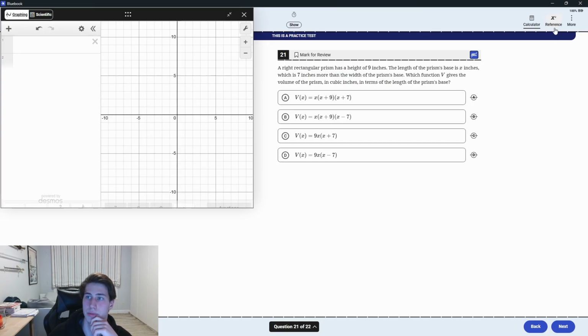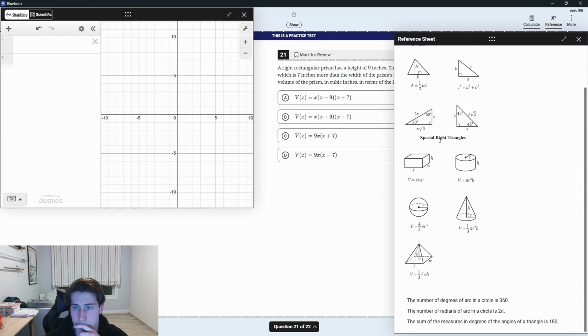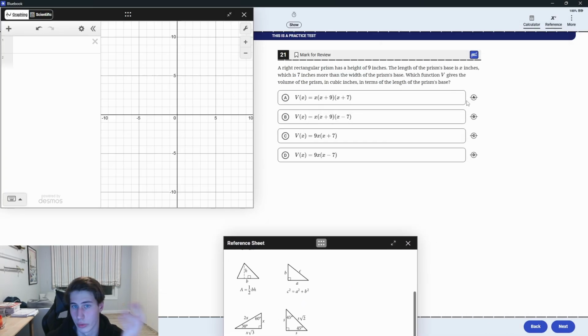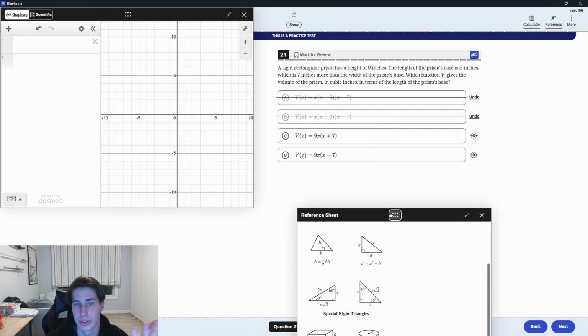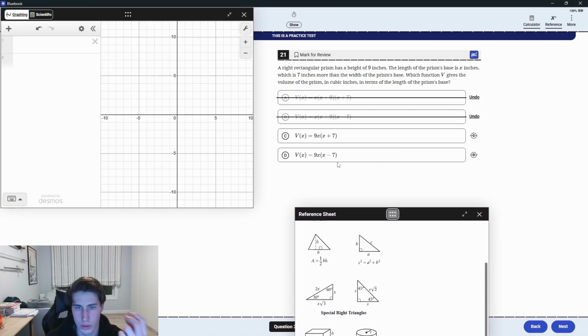So if we go to a reference sheet, we know that V is equal to length times width times height. So our height, as we know, is 9. So we can already eliminate A and B as our answer choice. And then we have to decide between 9x(x + 7) and 9x(x - 7). So the length of the prism base is x inches, okay?